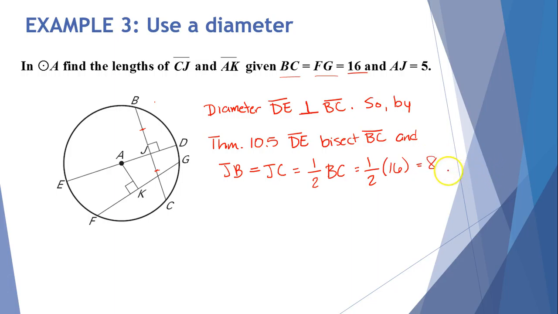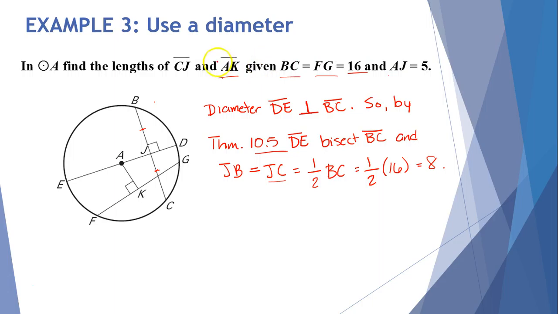And we're done with that one. We figured out that this segment right here plus this one is the whole chord. And the reason that we know that this thing bisects is because of theorem 10.5. Now on the next part it says also find length AK. Oh, I said CJ and JC, same thing.